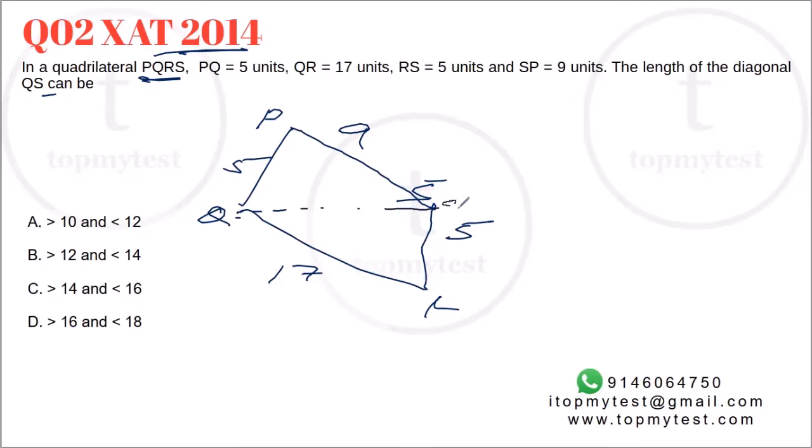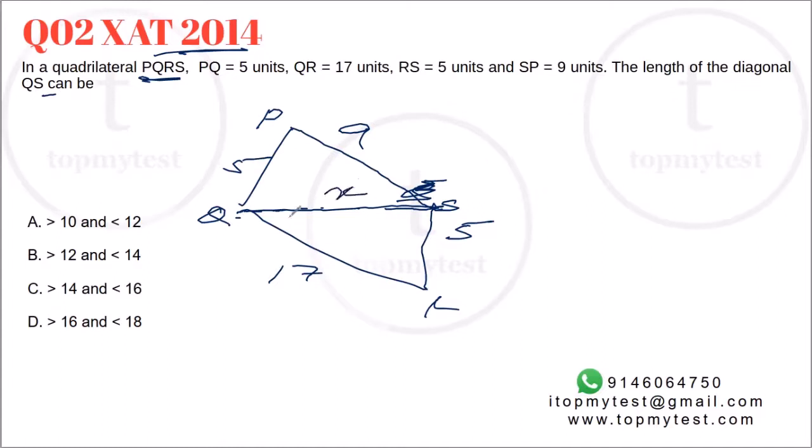So this is S, this is 5, RS is 5. You need to find the length of diagonal QS. Now, if you look at the diagonal QS, it is also a part of a triangle. For example, PQS is a triangle, QRS is also a triangle. So the triangle inequality will hold. Sum of any two sides should be bigger than the third side.